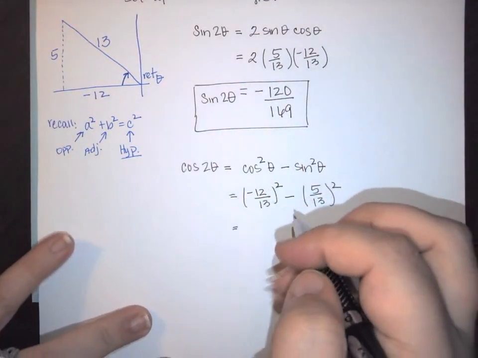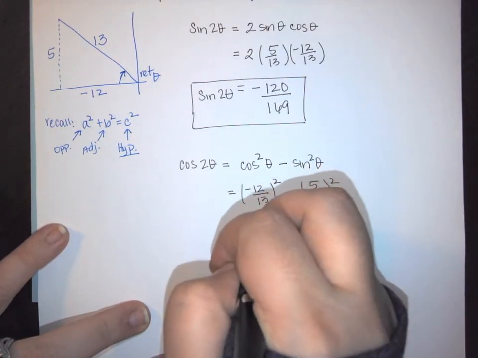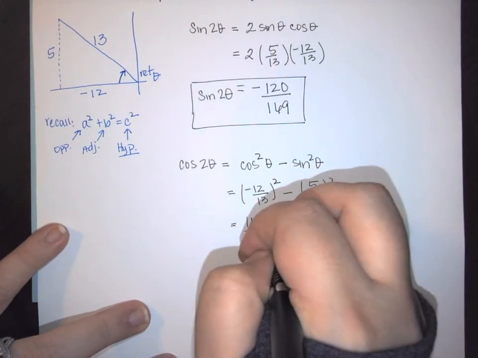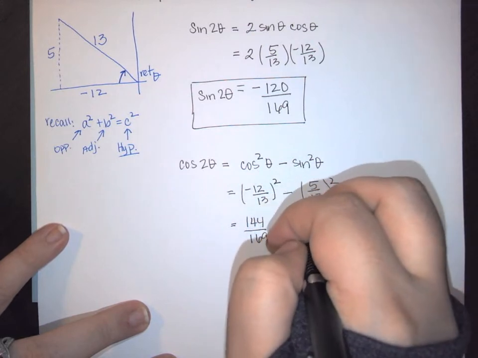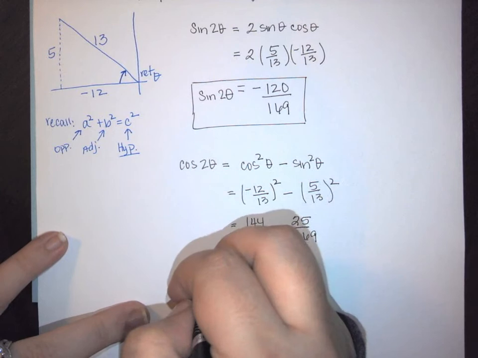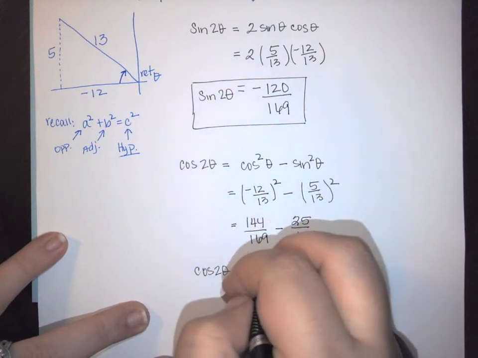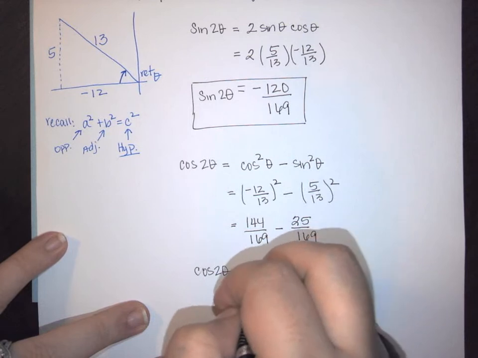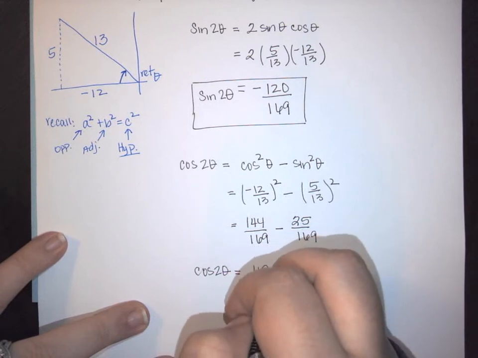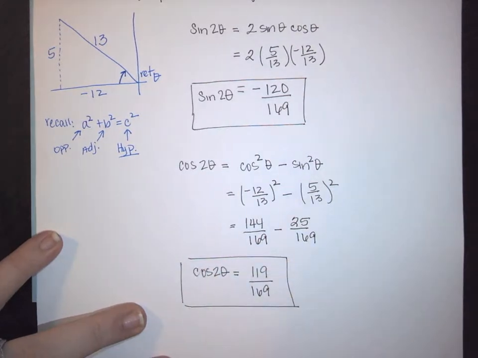So when we do that, we end up with 144/169 minus 25/169, which means your cosine of 2 theta is going to be 119/169. And this was what we were looking for.